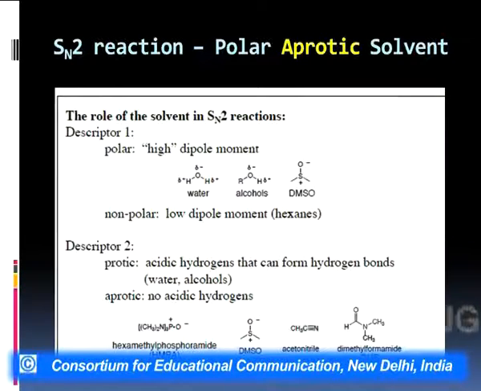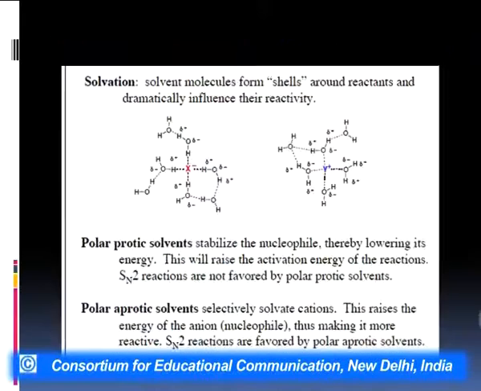Why do we need an aprotic polar solvent here? Because if you remember, in SN2 reaction the nucleophile is also taking part in the reaction. So here the strength and the concentration of the nucleophile is also very important. If we take a protic solvent, that will solvate both the nucleophile as well as the substrate.